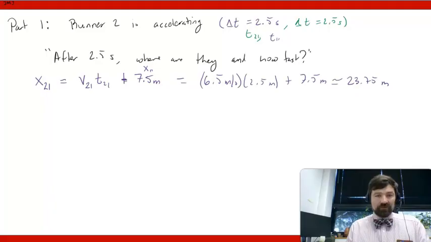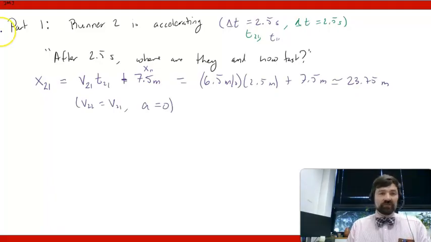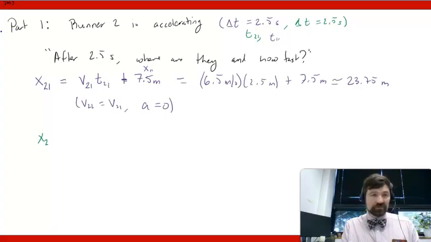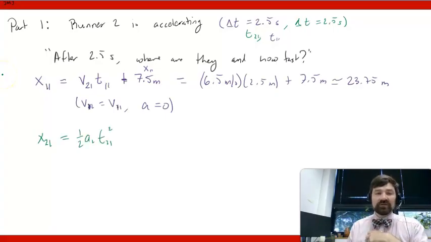And of course v22 is just equal to v21 because there's no acceleration. For the green runner, let's call this x2; the first one was x1. x21 is 1/2 a2 t21 squared plus v21 t21.